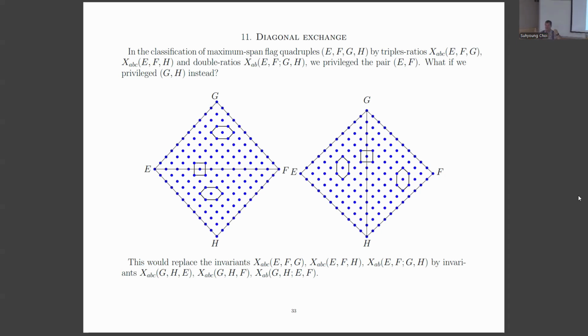One is what we needed to define the triple ratios corresponding to E, F, G. The lower triangle is what we need to define the triple ratios of E, F, and H. And then you can put them together along this line going from E to F. The triple ratios were associated to small hexagons in the upper triangle or in the lower triangle for the invariants E, F, and H. And then the double ratio was associated to small squares like this. I should have had that picture here last time. I think it's a good way to understand what's behind the picture.